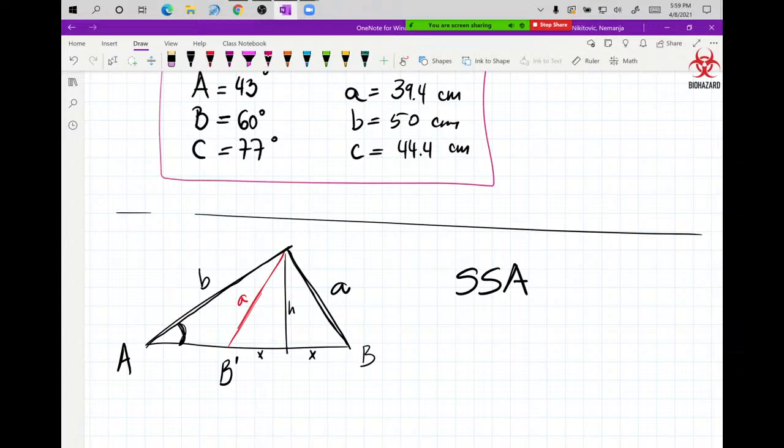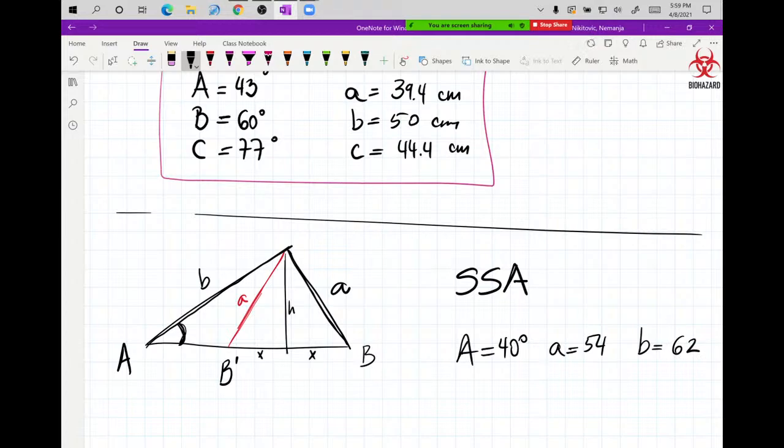So let's take a look at a problem that would have something like this. Now, these are carefully crafted examples, obviously. I mean, you can by accident run into one if you're lucky, but here. So let's say that A is given as 40 degrees, lowercase a is given as 54, and lowercase b, the other side, is 62.